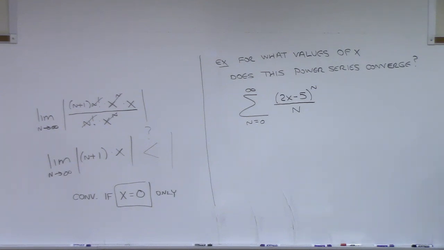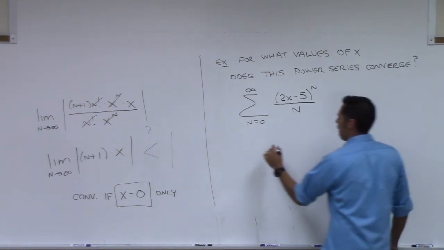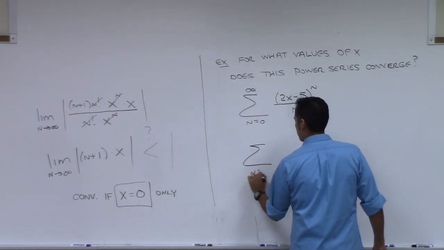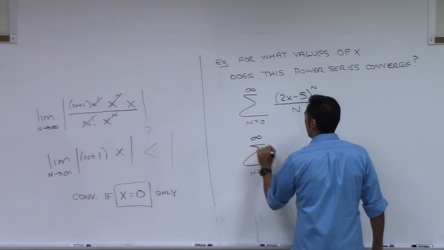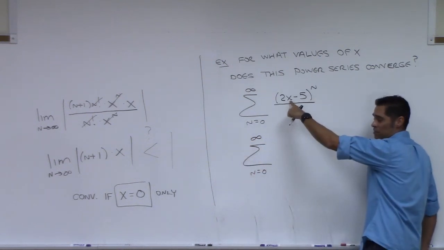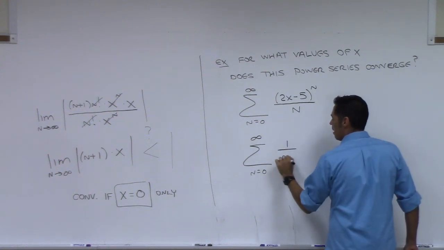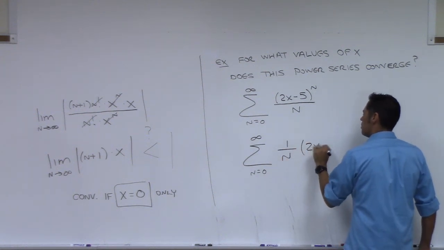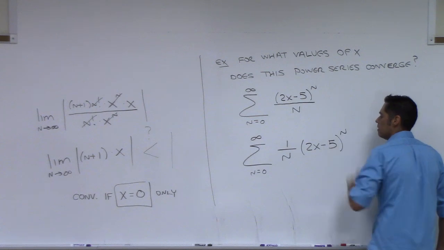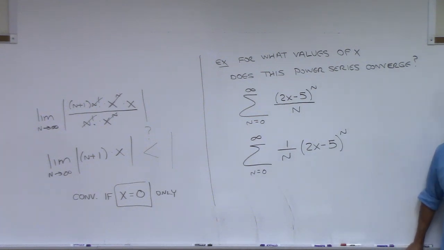It could be. I think it's geometric. No, we have x's in here now, right? We have x's, so we're in power series for sure. I'm going to write this as 1 over n times 2x minus 5 to the n. All right, that's kind of what we got here.